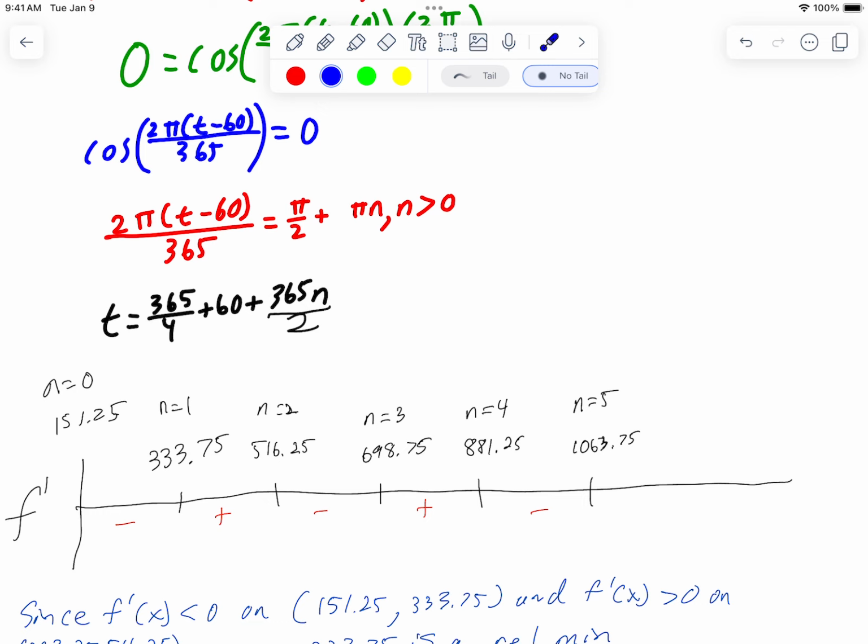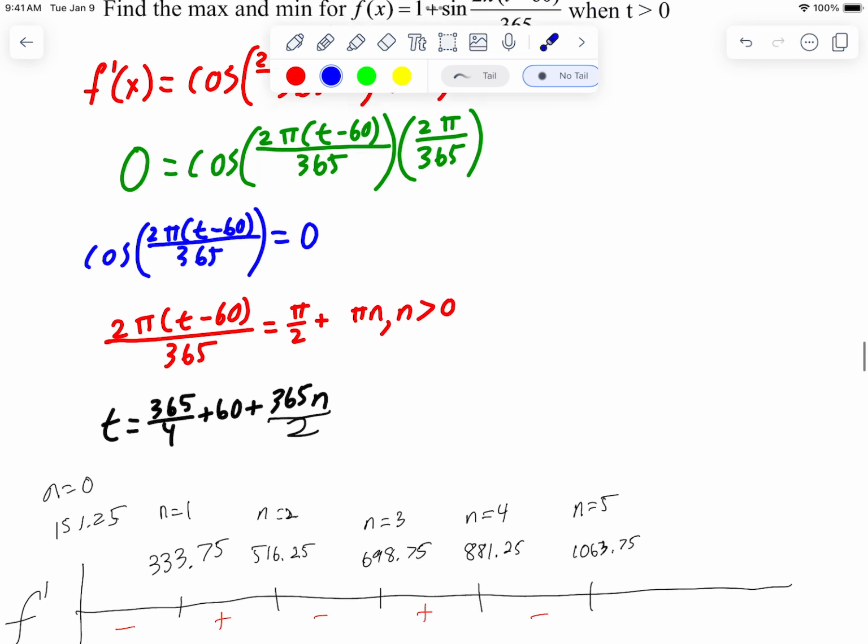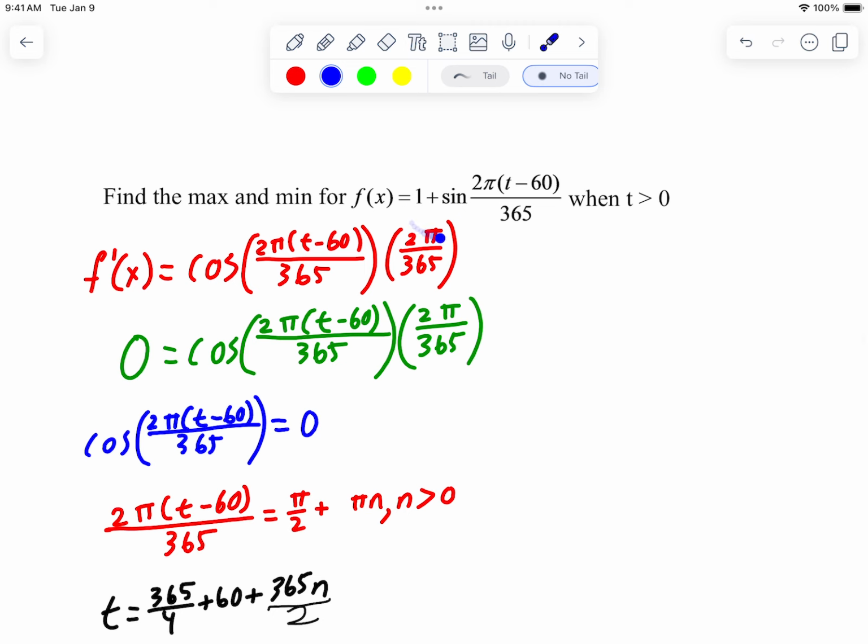Now I made an increasing-decreasing chart so I can do a first derivative test to see where I have maximums and minimums. Now also keep in mind, as you're doing this, you should be thinking about the sine function, right? The original function here was sine, so I want to think about that from a graphical standpoint. I know that this had a vertical shift up 1, the amplitude here is 1, and the period is 2 pi over 365 over 2 pi, so the period is 365.